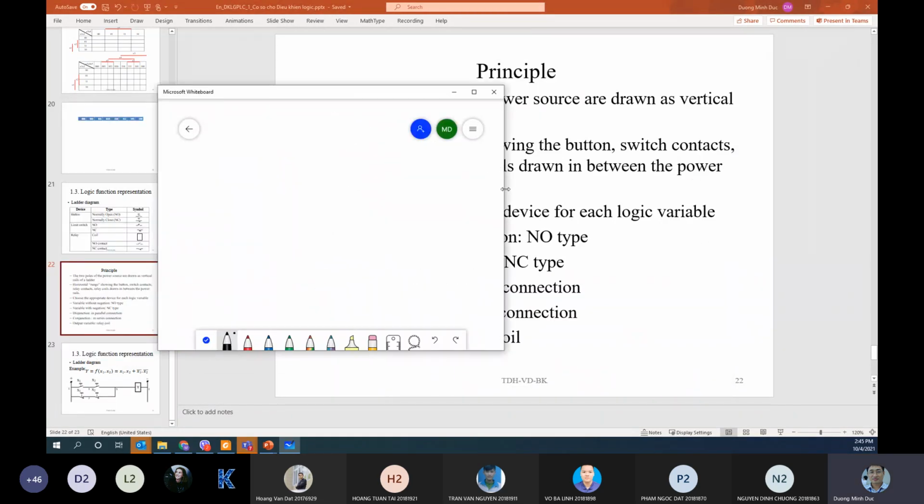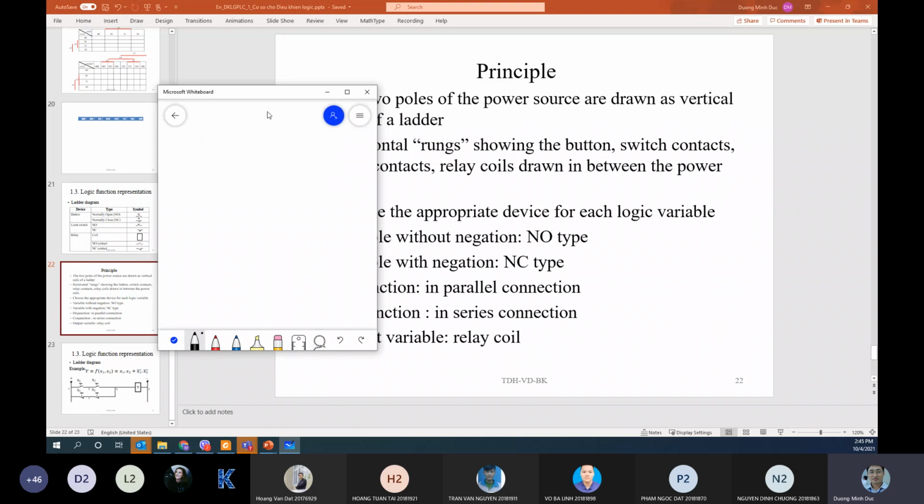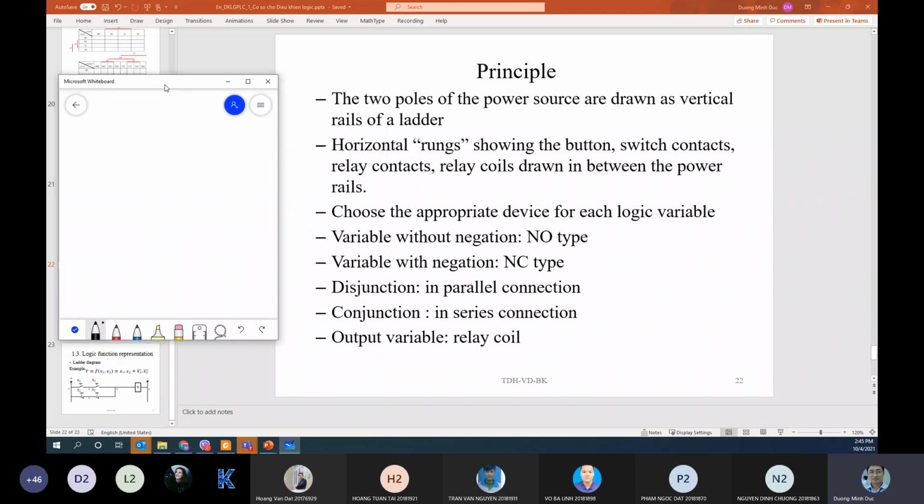So I will just make a brief introduction. The ladder diagram looks like a ladder, right? So it has two rails.